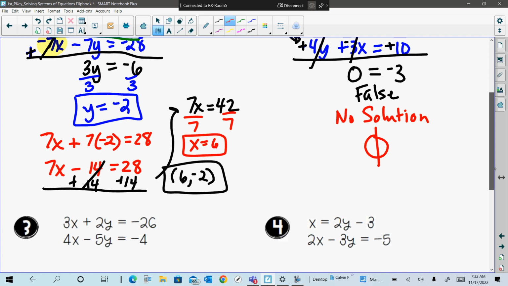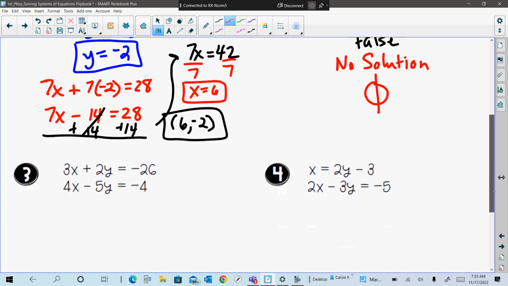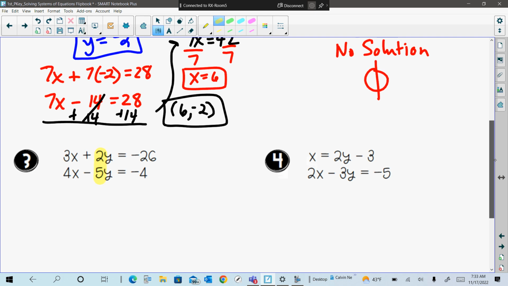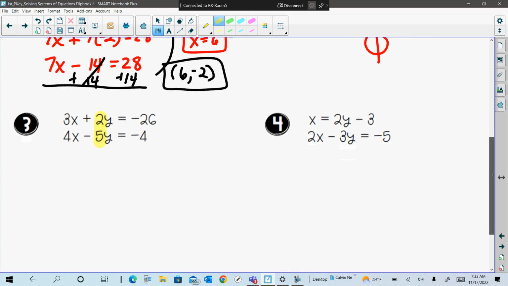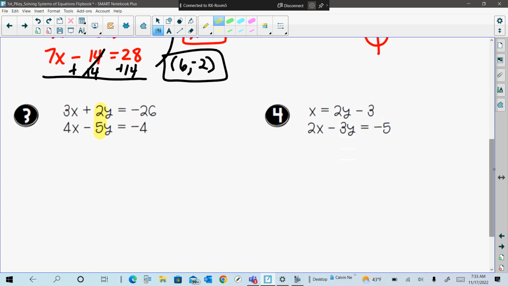Now, 3 and 4 were the ones that were missed the most on the part 1. And that's when they're lined up, okay, but they don't have opposite numbers here. So like, yeah, the y's are lined up, but one has a coefficient of 2 and one has a coefficient of -5. We need them to be opposite to cancel them.